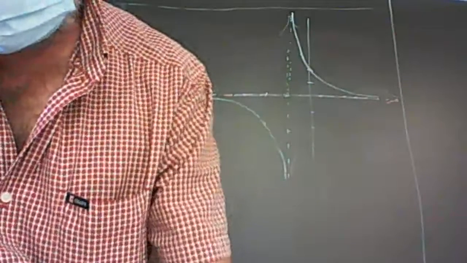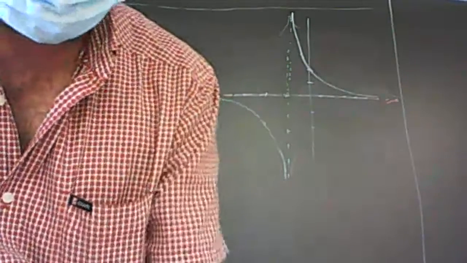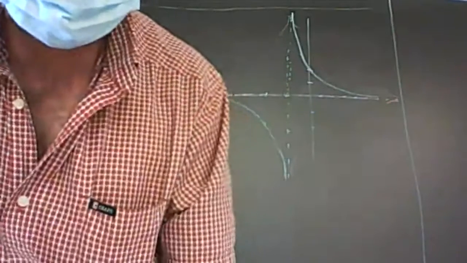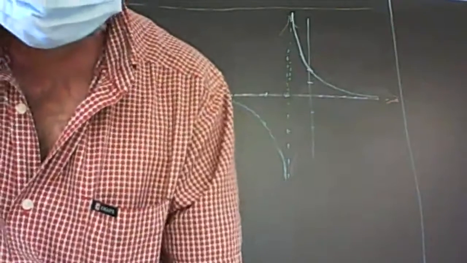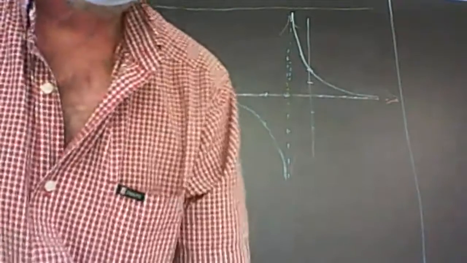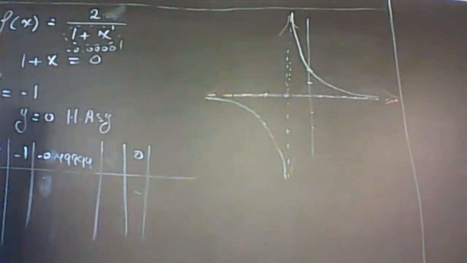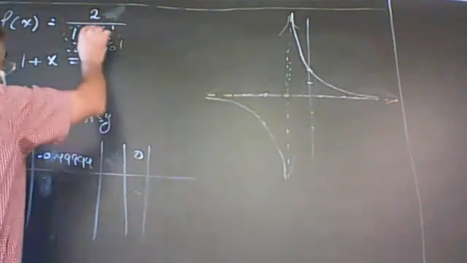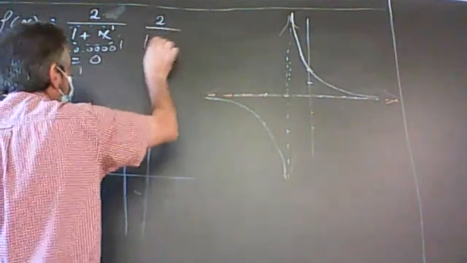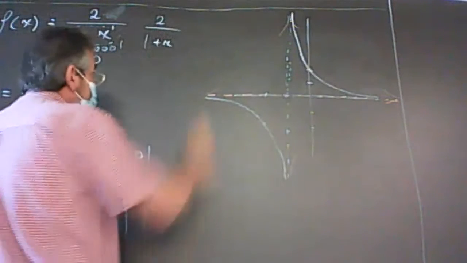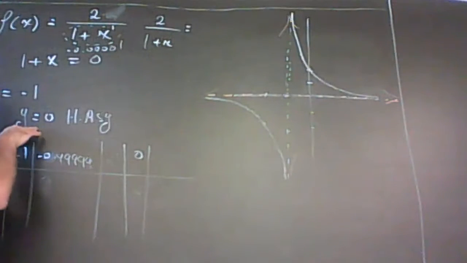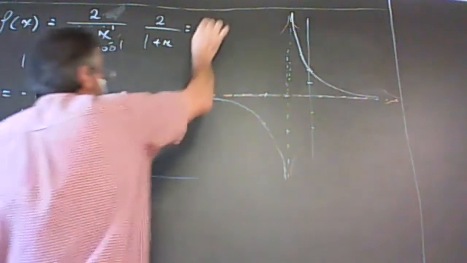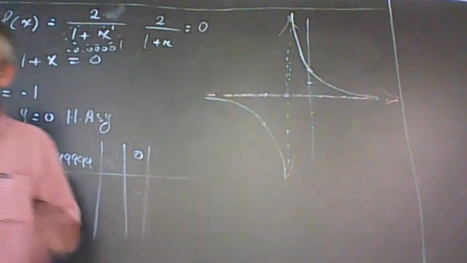I don't think the book talks about points where it does cross the vertical axis. So we're not going to worry about that. But if you do want to determine if this is going to cross the line or not, you take the function, say, 2 over 1 plus x, and you set it equal to the asymptote, whatever the asymptote is. Yes? And you set it equal to 0.